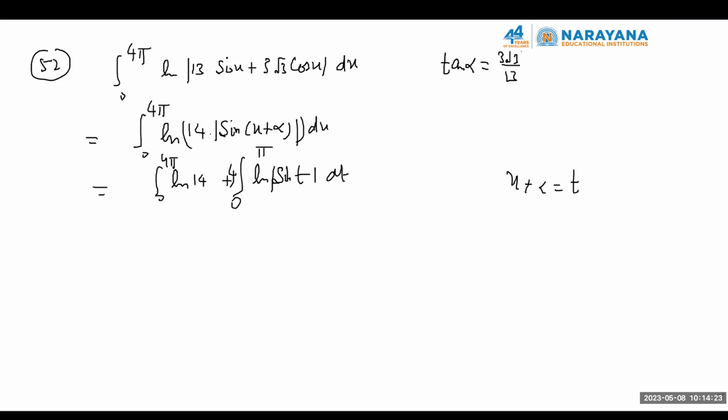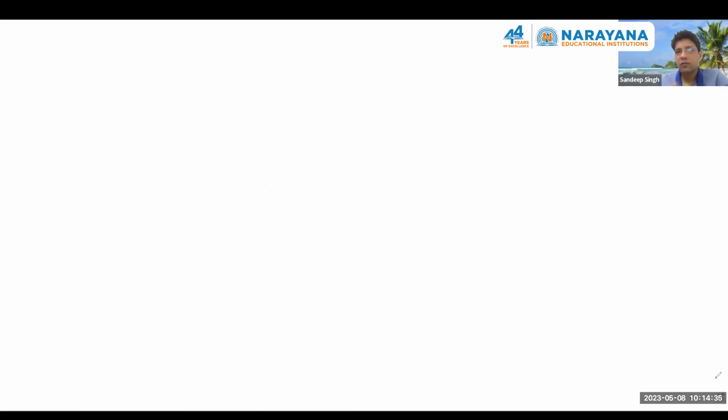Sir, 39. I will tell you the concept of 39. These are the problems which are based on estimation of a definite integral. There is no hard and fast rule to say that this is your range, because obviously it is a fixed value. The narrower the difference, the lesser the difference between the upper and lower bounds, the better is your estimation. It will also depend upon the examiner, what options he has given.